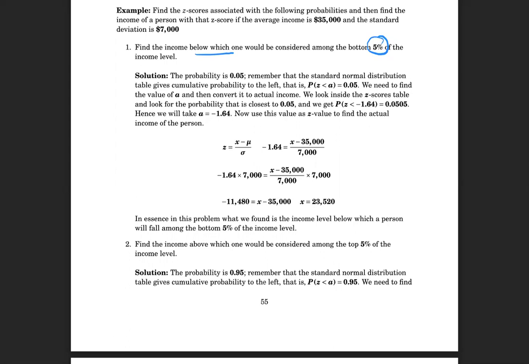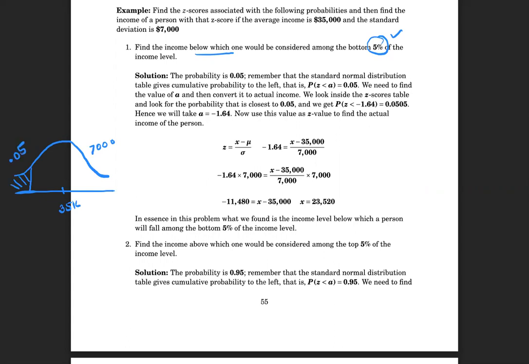So if you want to find out the bottom 5% of the people in a society in terms of their income, what you do is this. So our standard deviation is 7,000, mean 35K. We want the bottom 5%. So that means this area to the left should be 0.05.